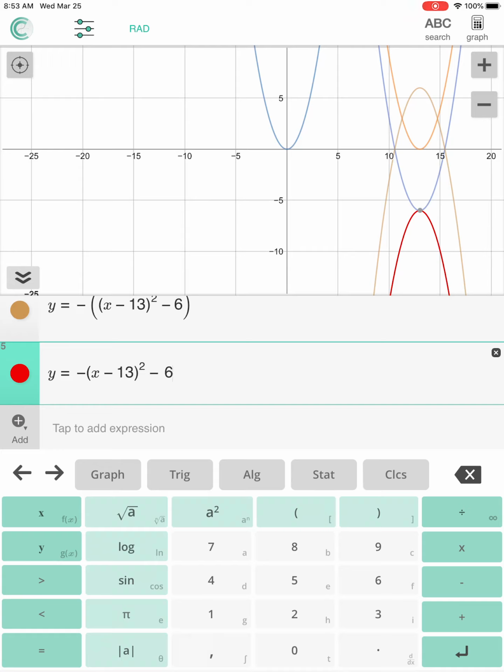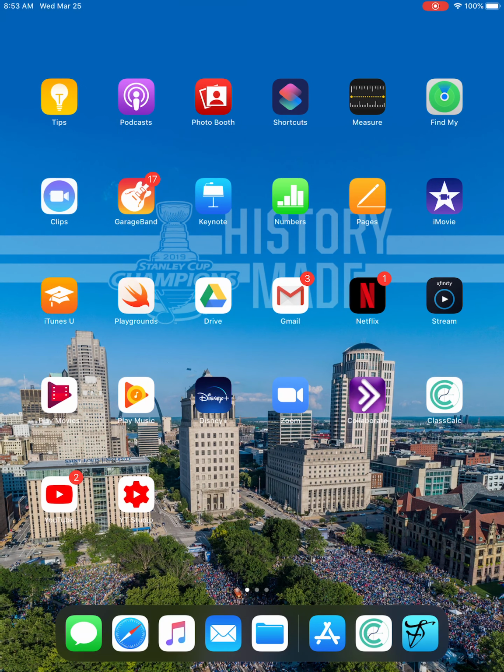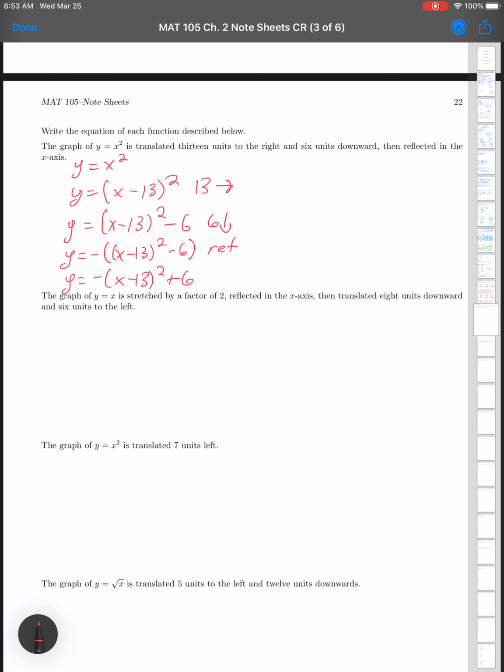Notice how that red one is reflected not across the x-axis, but across this vertex, this point here where the two graphs meet. And that's not what we want. It said it was reflected across the x-axis. So that's why, whenever you do the negative, you have to take the opposite of everything you've already done. Okay, so there's one example.